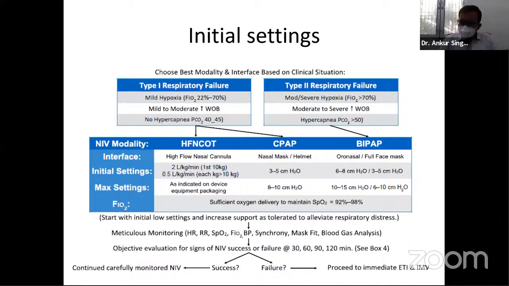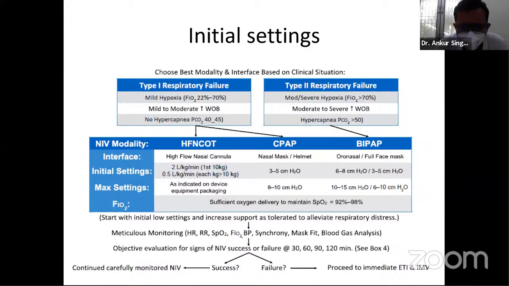So for a child weighing 15 kg, what should be the flow of HFNC? It should be 10 into 2, which is 20, and 5 into 0.5, which is 2.5, so 22.5 liters per minute should be the flow. That flow will give you saturation with FiO2 of 95-96% and keep the saturation in your accepted range.